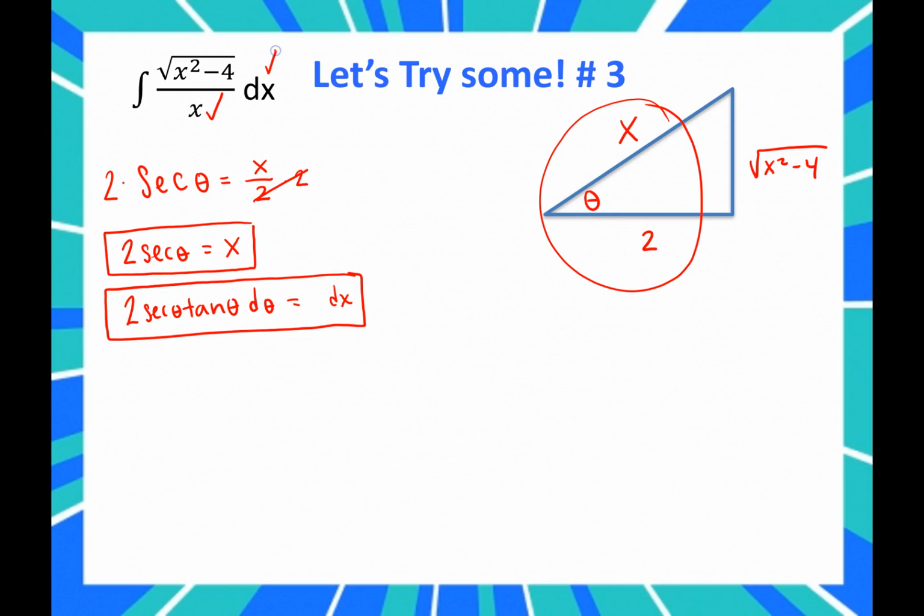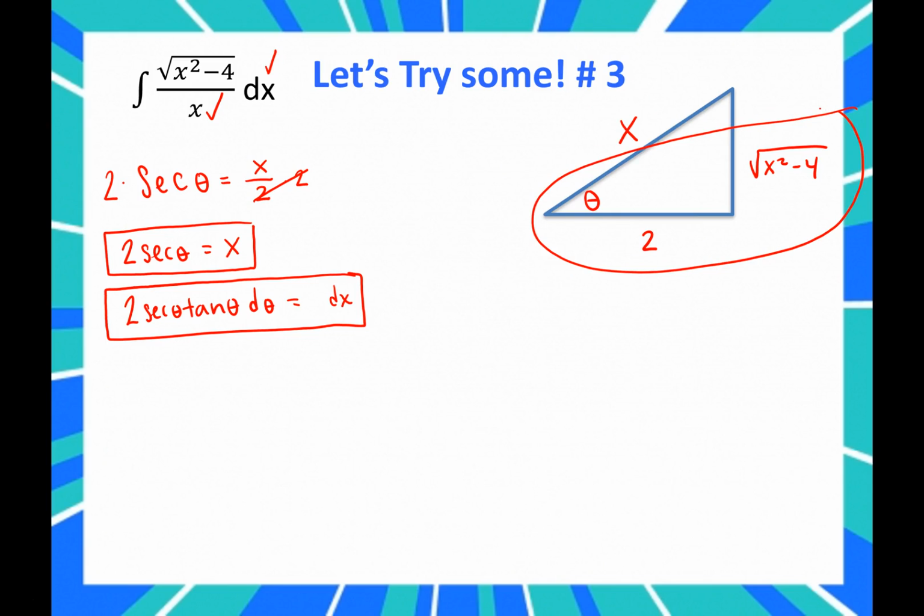So there's my dx. Now, last thing I want to set up is a trig expression with these 2 things. And the hint is you're either going to use that or that, most likely, something so that we'll have a cancel later on. In this case, clearly we have tangent of theta is opposite over adjacent. In this case, the square root of x squared minus 4, in the square root, and then over 2.